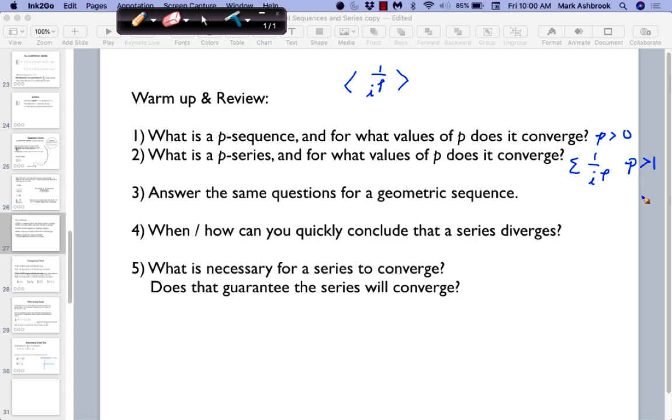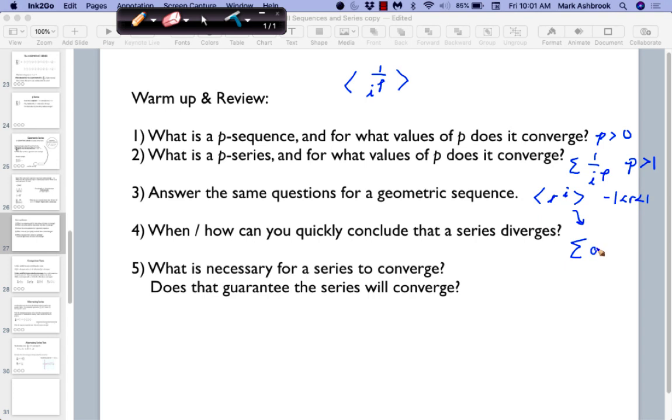Okay? Geometric sequence. What is a geometric sequence? R to the i. And when does that converge? So the basic form of the geometric series is a little bit different.